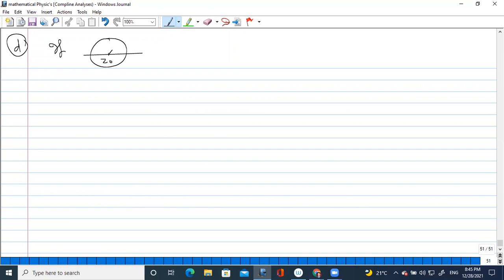About this point, I am drawing a circle of radius epsilon, and epsilon is very small, tending to 0, which means this is a very small circle. Actually I should have made it like this, but it will not be visible whatever I'm saying here, so that's why I made it like this.